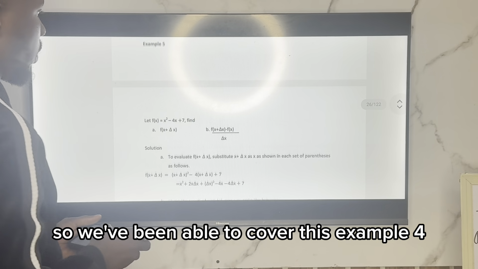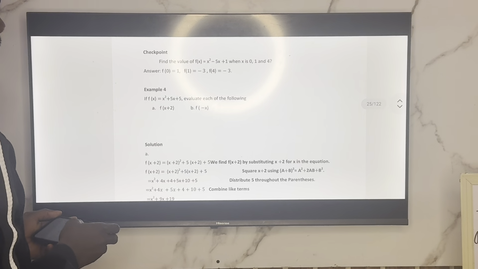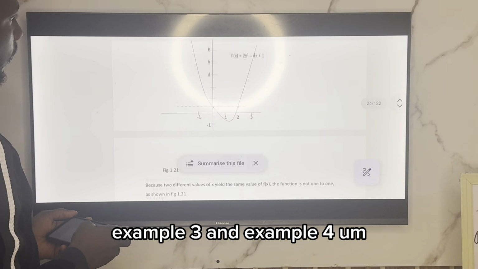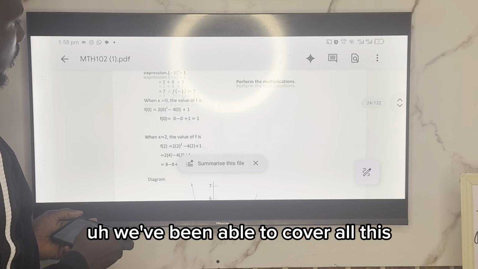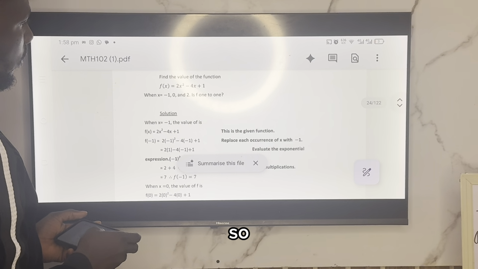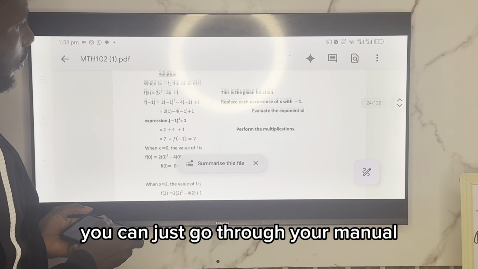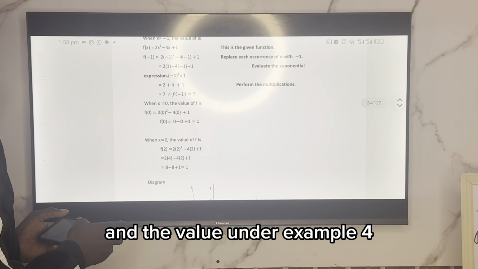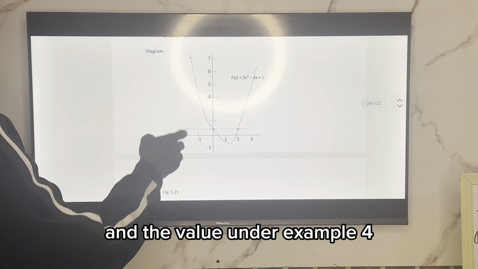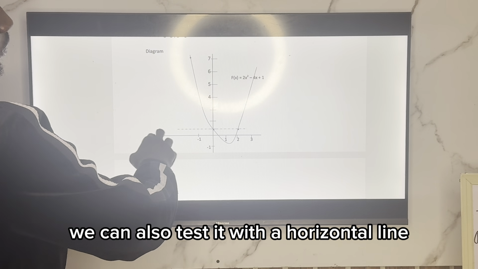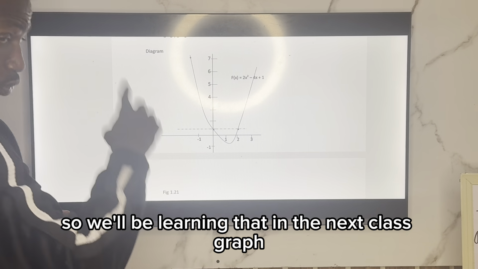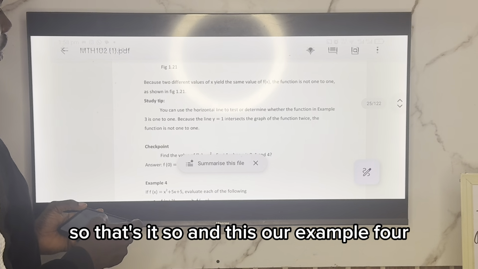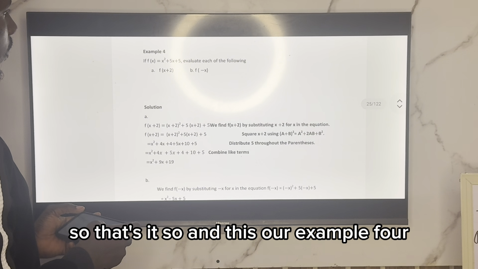We've been able to cover example 3 and example 4. You can go through your manual, and the value under example 4, we can also test it with a horizontal line. We'll be learning that in the next class. We'll be learning graphs majorly.